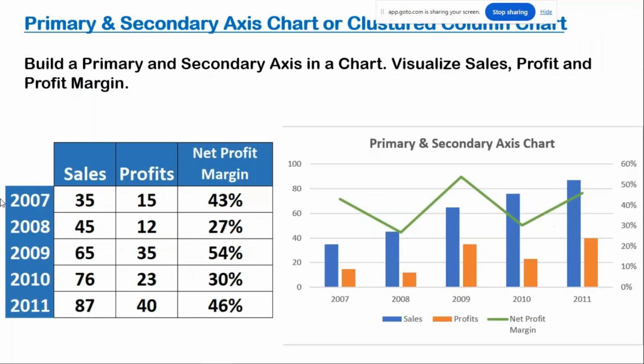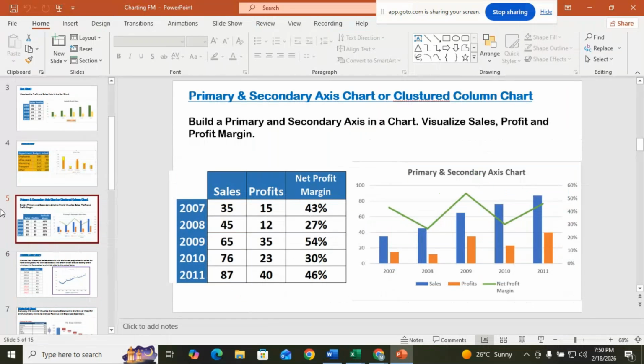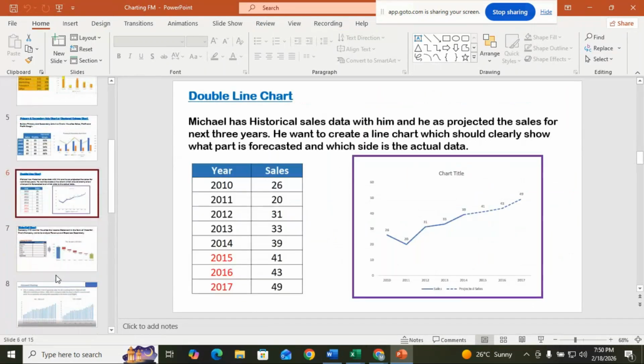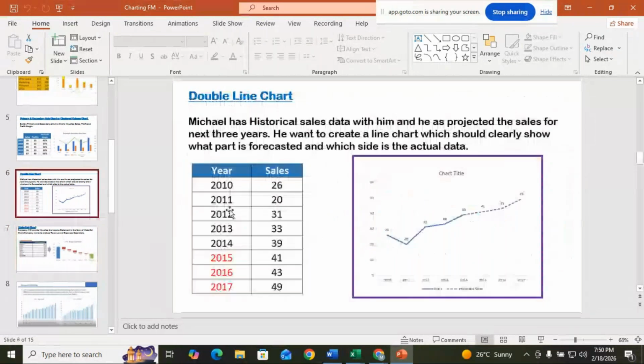Once again, this I will let you know. How do you go with this with a combo chart? Yes. So what you can do is maybe use this data of year and the sales, and you can use a double line chart for the same.